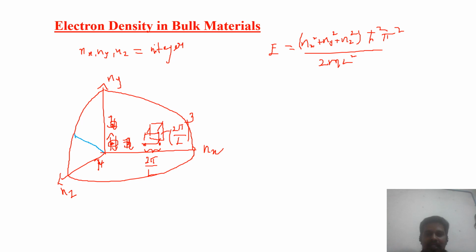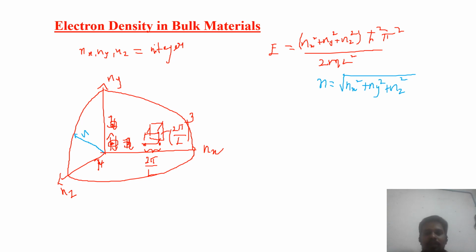The radius is n. What is the radius here? Already I wrote the radius n here. It should be equal to the square root of nx square plus ny square plus nz square. This is the radius of the sphere, that means the allowed energy for the electronic states in the metal.